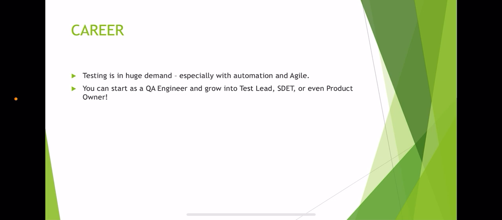You can start as a QA engineer and grow into a test lead, SDET engineer, even a technical product owner. When you start as a QA engineer, you can reach higher positions, like QA lead, vice president of QA, or technical product owner if you have a tilt towards technical items.